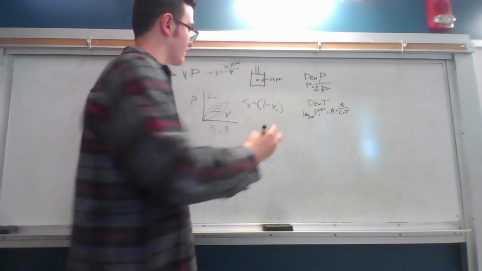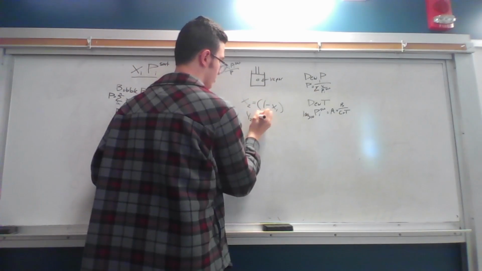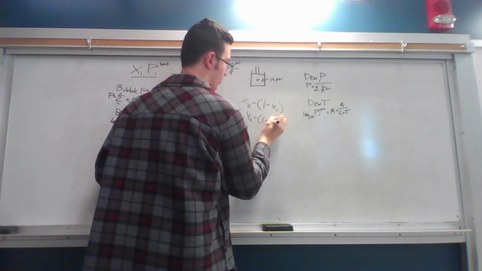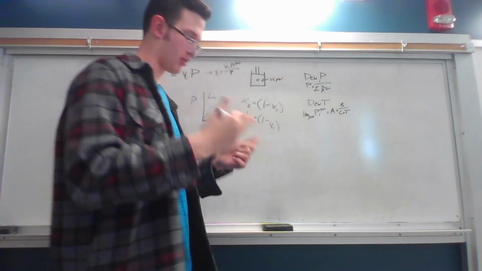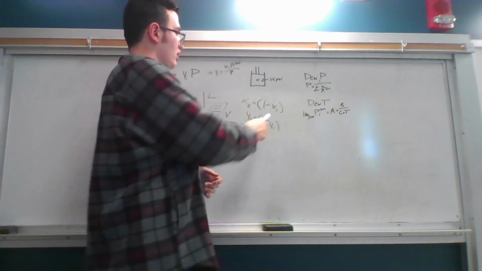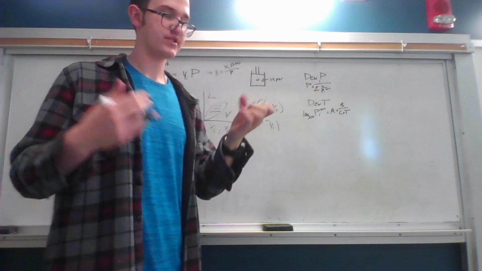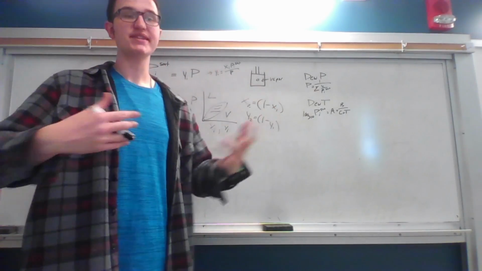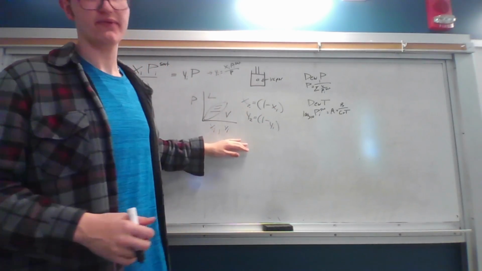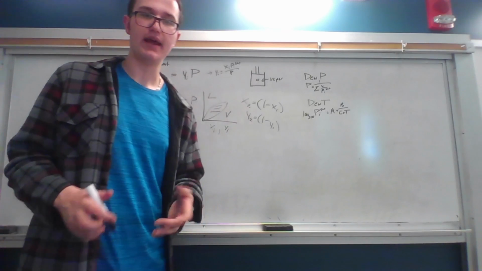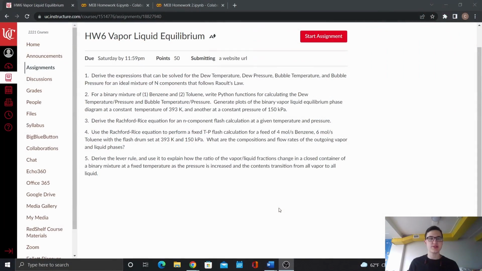You can also do this, of course, with y2 and y1 for the vapor mole fractions, but it makes sense since x2 and x1, the mole fractions of the two components, must equal 1. We're just going to be using that for graphing, but I wanted to draw that out so it makes sense. All right, so now we're able to start coding.